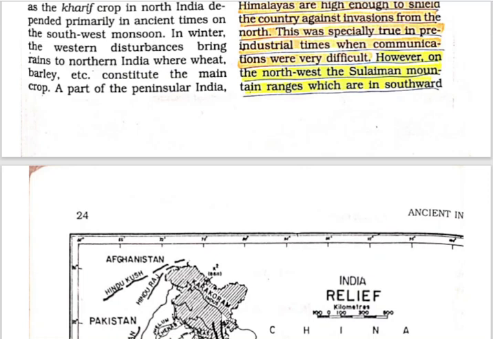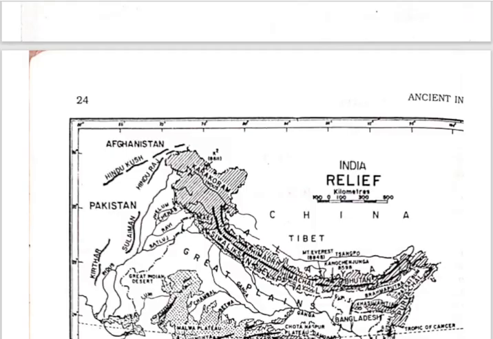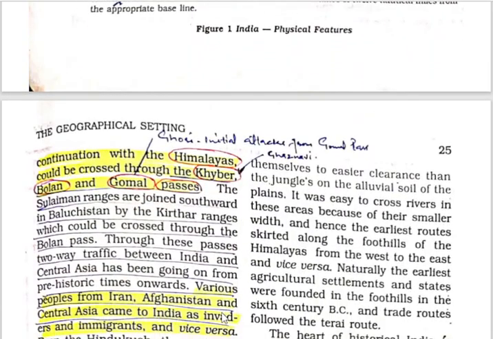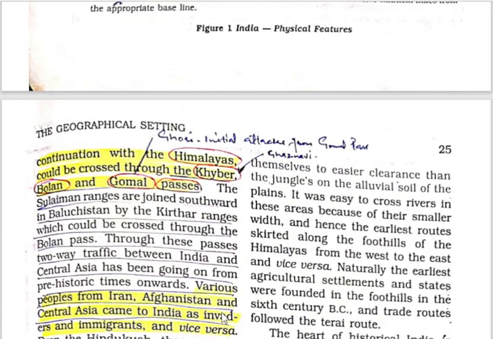However, on the northwest, the Suleiman mountain ranges, which are a southward continuation of the Himalayas, could be crossed through the Khyber Pass, the Bolan Pass, or the Gomal Pass. So we see that various people from Iran, Afghanistan, and Central Asia came to India as invaders and immigrants, and vice versa.